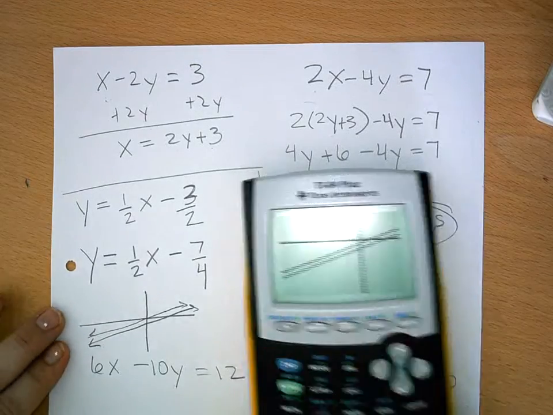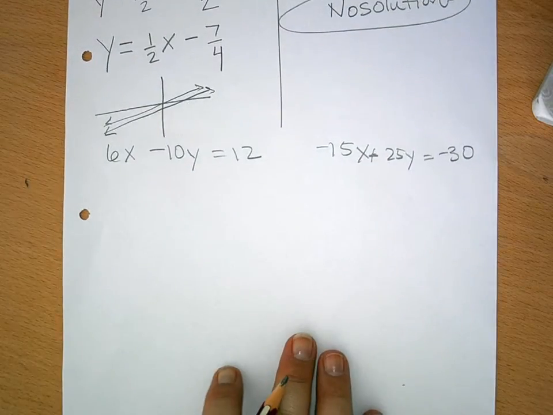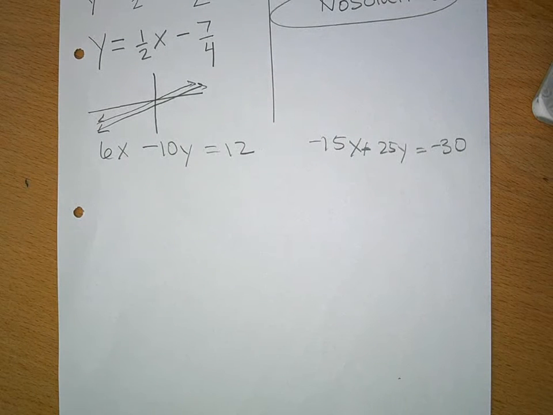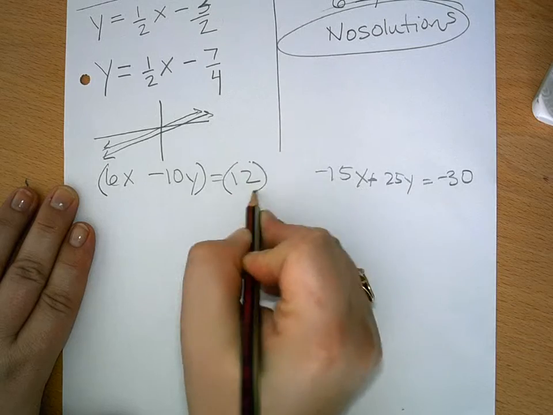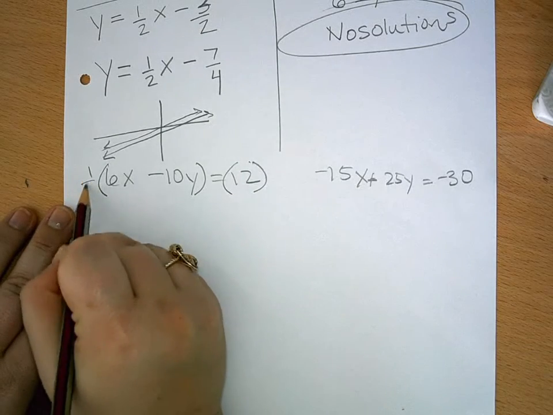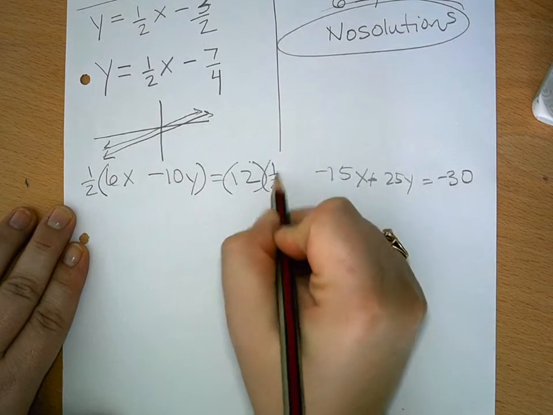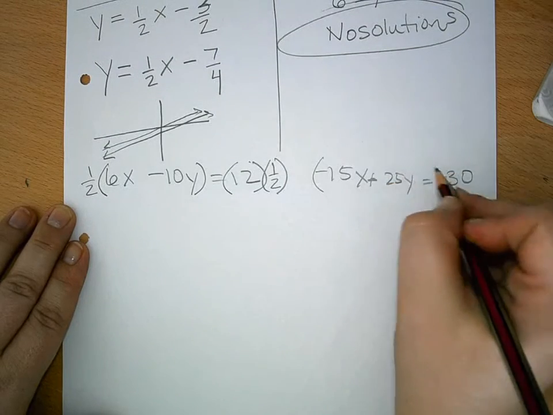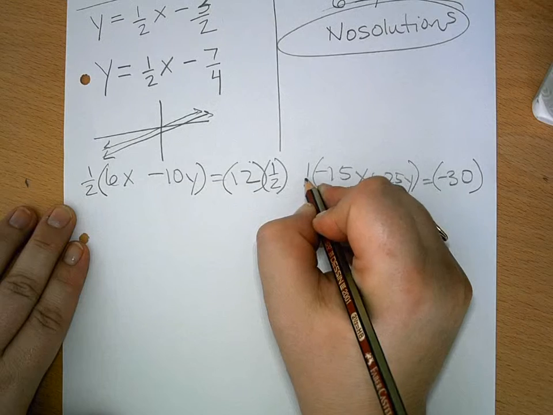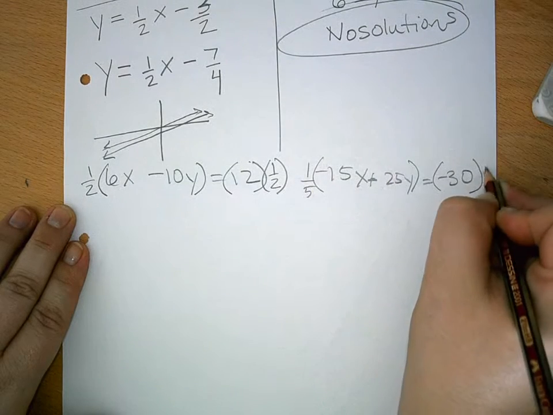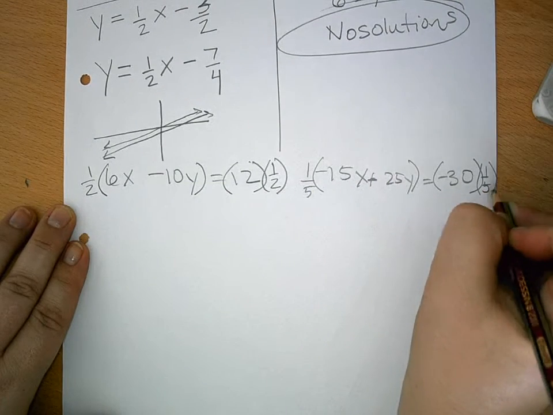Let's look at the other example. So here, just looking at this, I could use elimination by multiplying this one by 1/2 on both sides, and I can multiply this one by 1/5 on both sides.